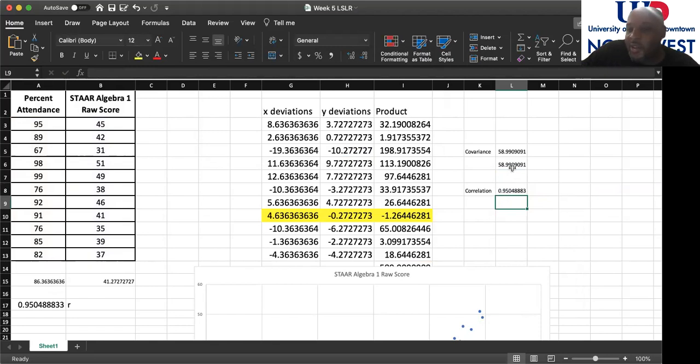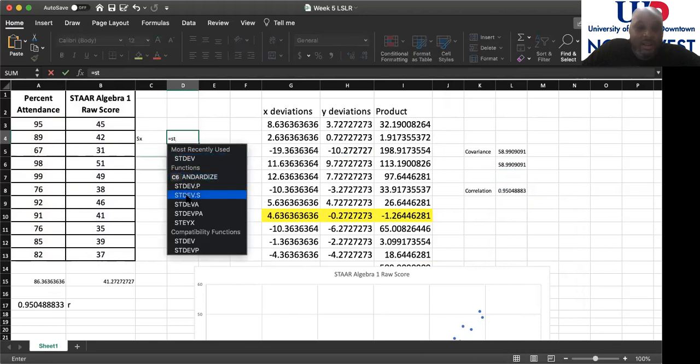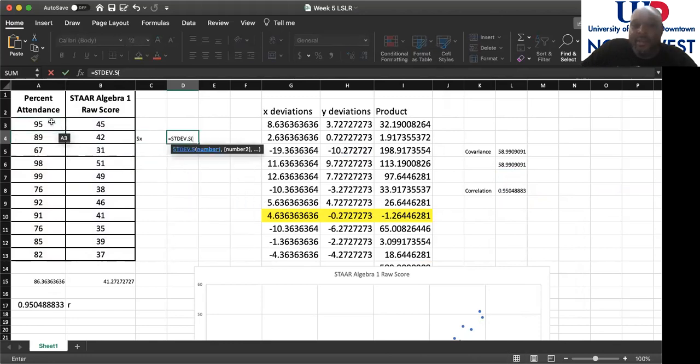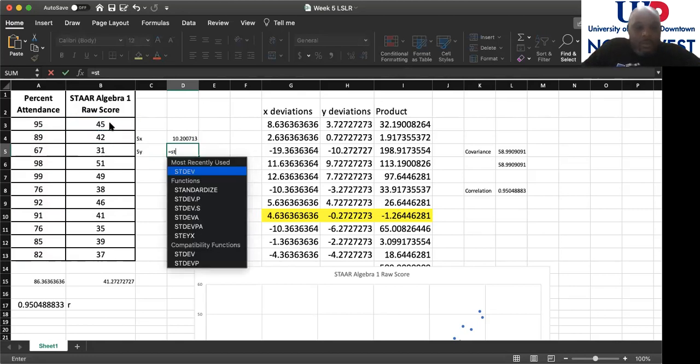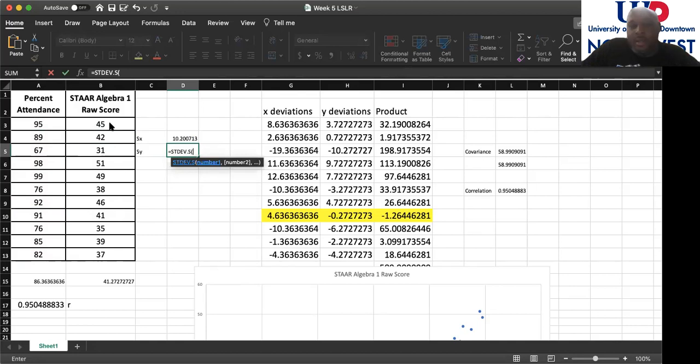So all I did was I took the covariance and divided it by the standard deviation of my x's. Let me write that formula down. S of x is equal to the standard deviation, S, by the way, because we're taking samples. That's standard deviation of x. SY, standard deviation of y, is equal to this.